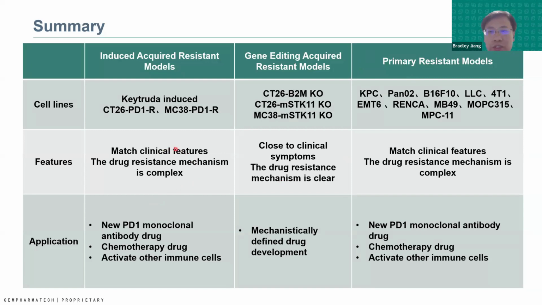Clones with different resistance mechanisms may mix in the tumor, and these models can better represent the clinical features. Gene editing resistance models have a clear resistance mechanism, so they are good for validating certain treatments with defined mechanisms. And we can choose the appropriate models according to the specific mechanism to reverse the drug resistance.